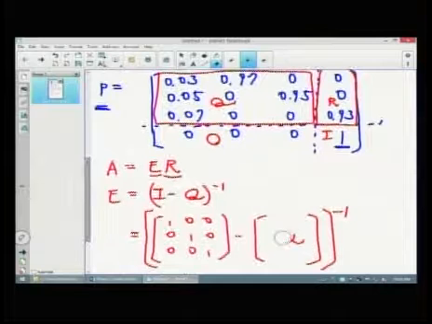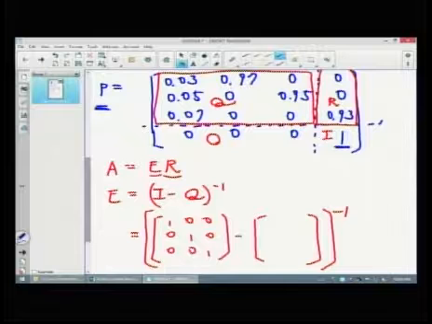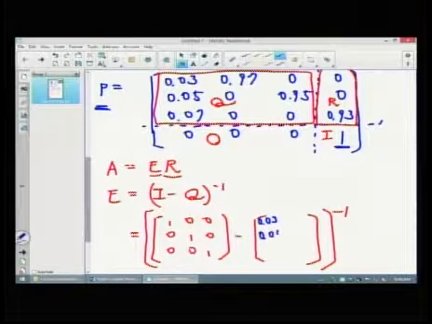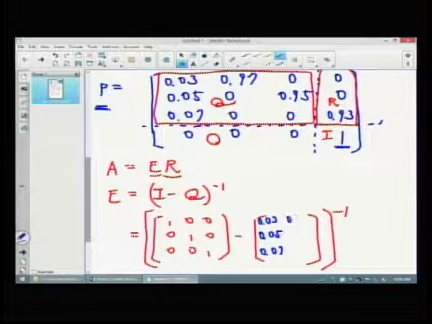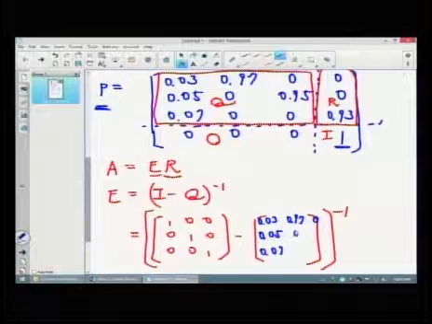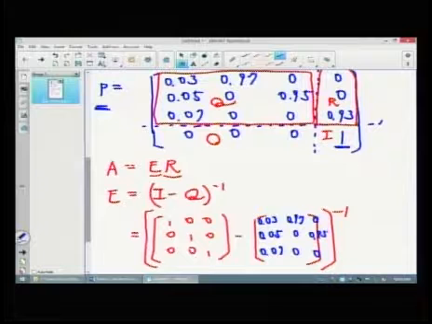Oh, okay. Let me put this number so that I don't make any error. So down here we have 0.03, 0.05, 0.07, 0.97, 0, 0, 0, 0, 0.95. Okay.